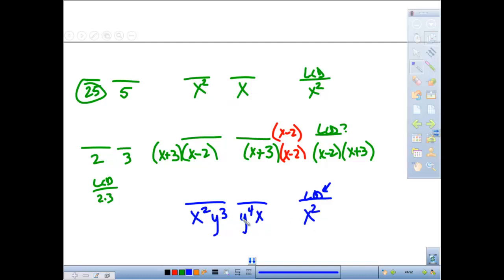And then what's the highest degree between the y's? The 4th. Now this one already has the x squared. What it's missing is one of the y's, so you'd have to multiply this by y on top and bottom. And over here, it already has the y to the 4th, but it's missing an x, so we'd have to multiply this by x. Does that make sense?